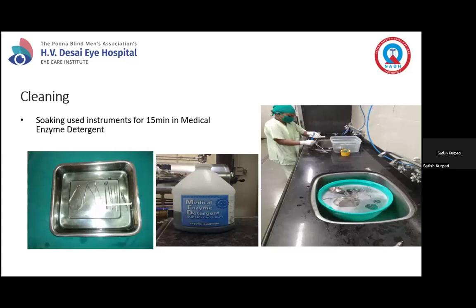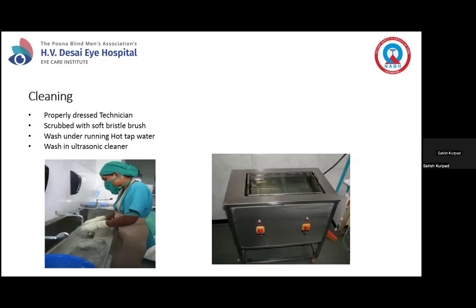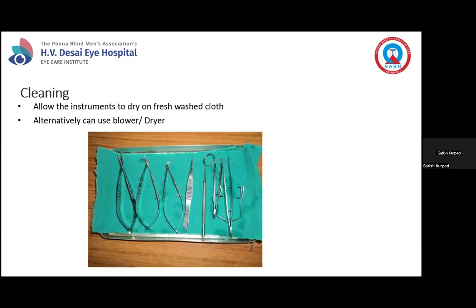For instrument cleaning, we have to soak all the used instruments in medical enzyme detergent for 15 minutes. Then properly dressed, the technician scrubs with a soft bristle brush, washes under running hot tap water, and washes in an ultrasonic cleaner.